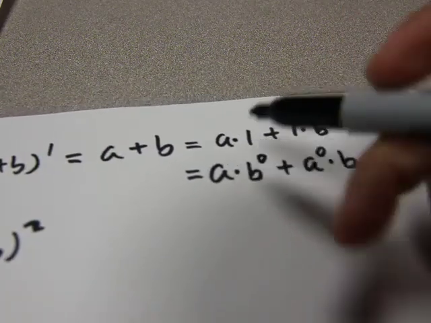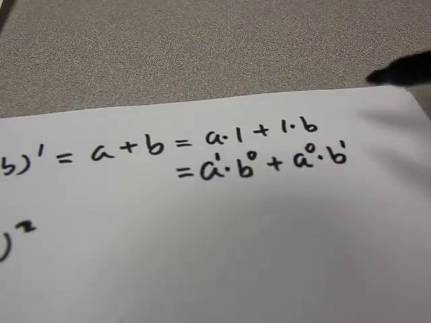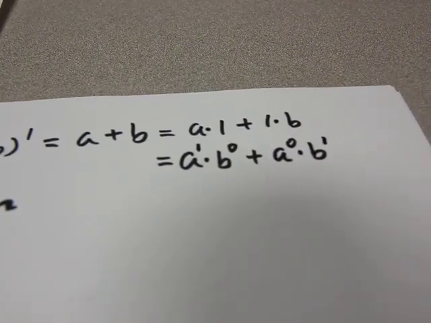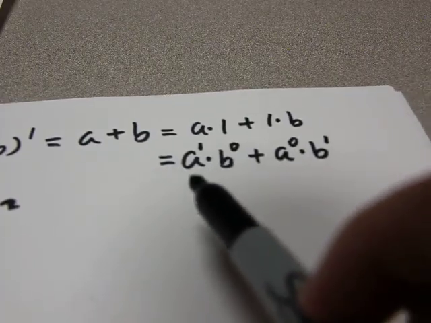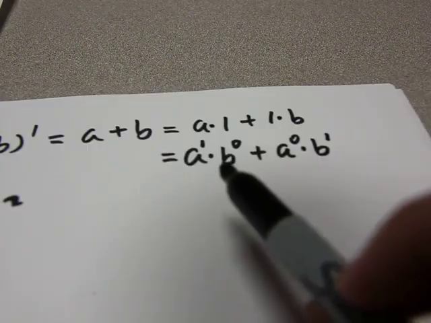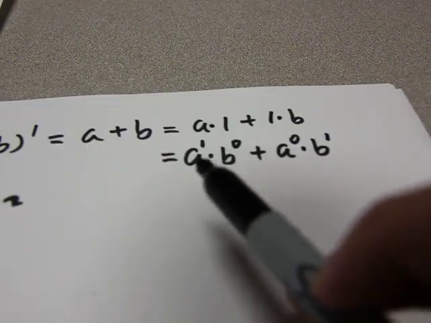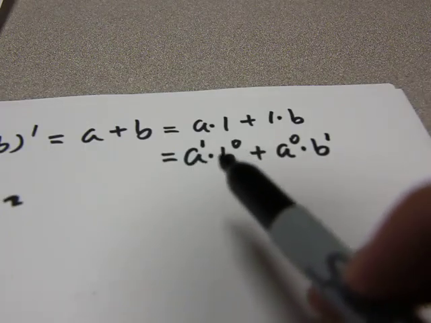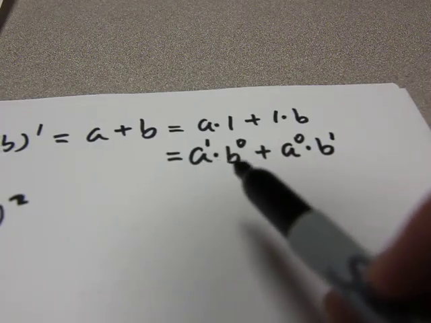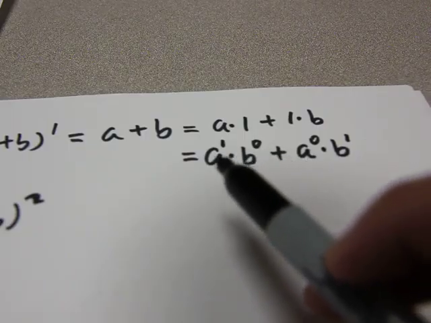And because a is a raised to the power of 1, and b is b raised to the power of 1, therefore we can see that every term is a product of a and b, but a and b are raised to different exponents.